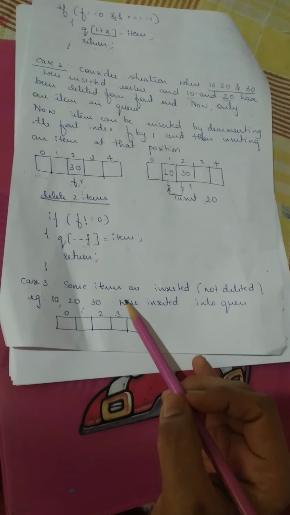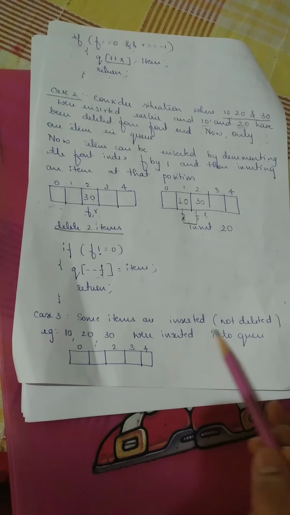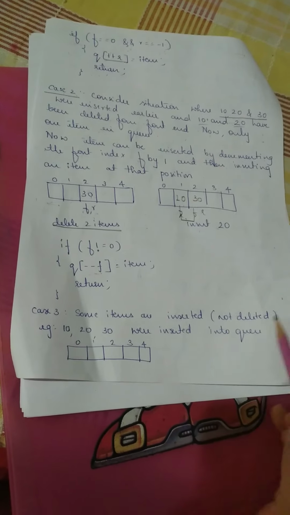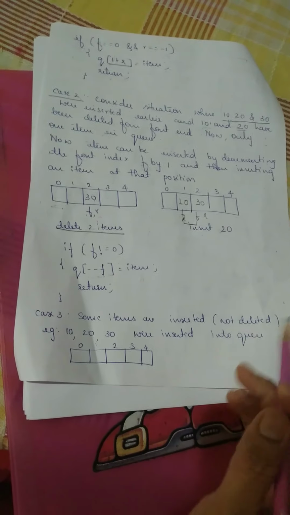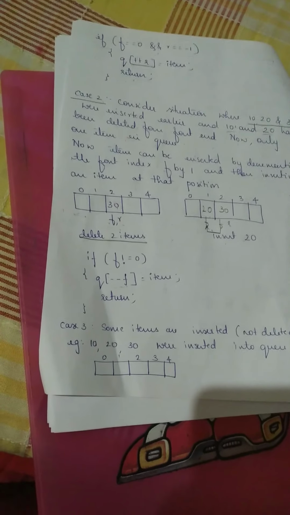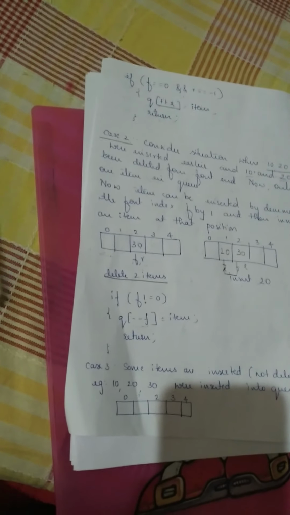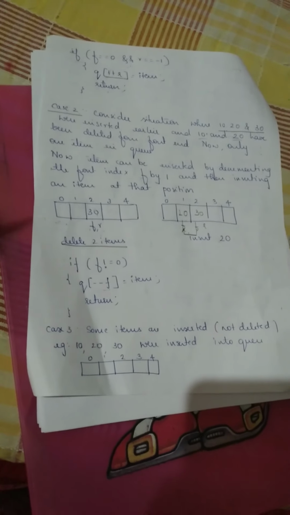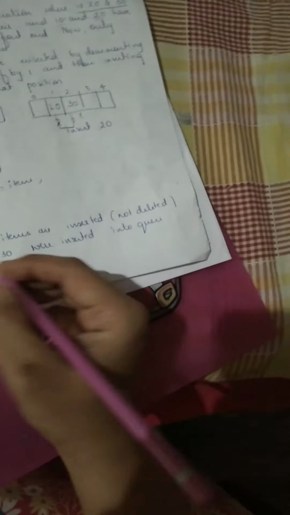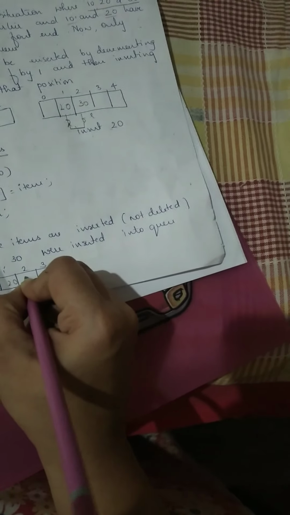Next we'll see case 3. Some items are inserted, not deleted. Example: 10, 20, 30 were inserted into the queue. Right? 10, 20, 30.